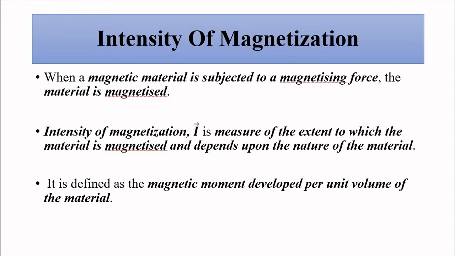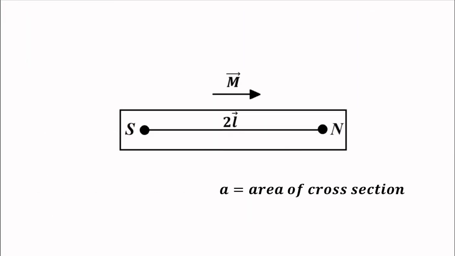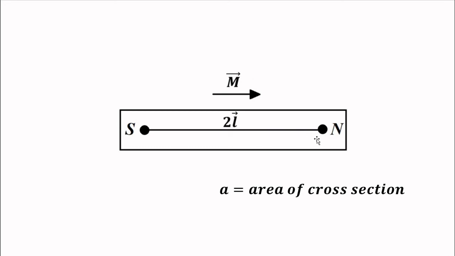How much the material gets magnetized depends on the magnetic moments developed in that material. We have discussed magnetic dipole moment. Basically, magnetic dipole moment is the product of the pole strength multiplied with the distance between the two poles.